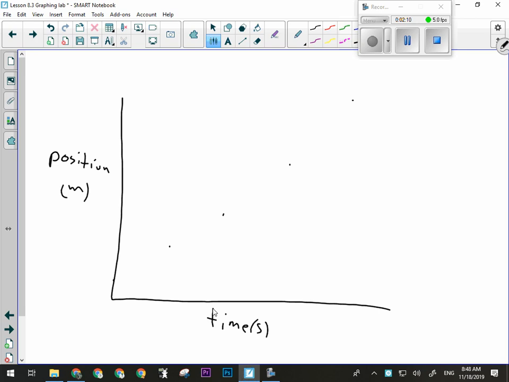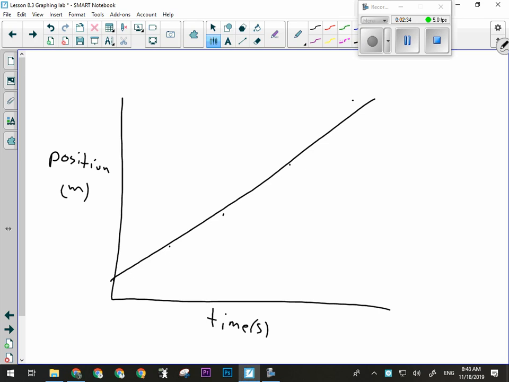The relationship between position and time, spoiler alert, this might be important later, is linear for an object traveling at a constant speed. It's linear because every second the object goes the same distance. That's what it means to go a constant speed, to travel the same distance every time interval. Everybody okay with that idea?